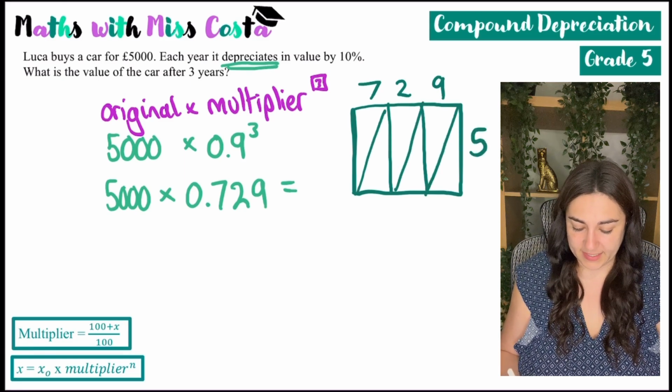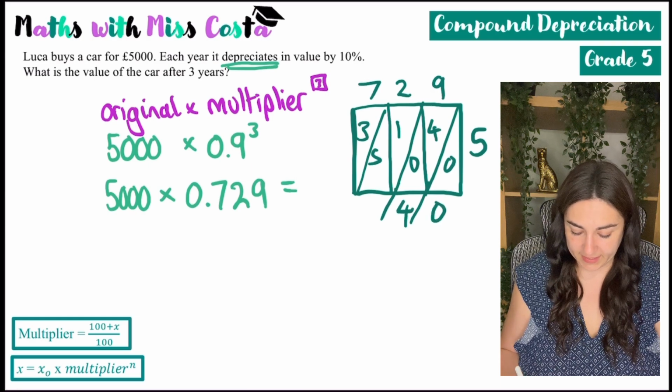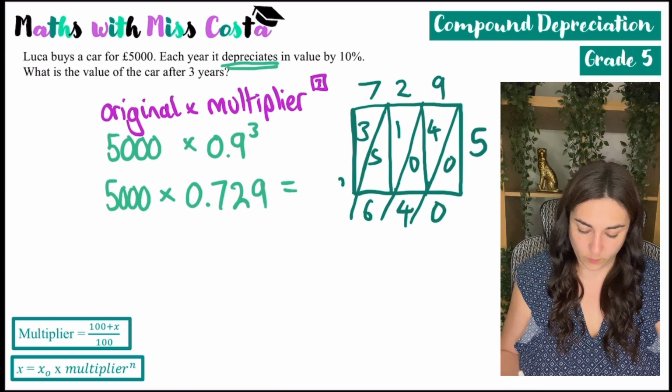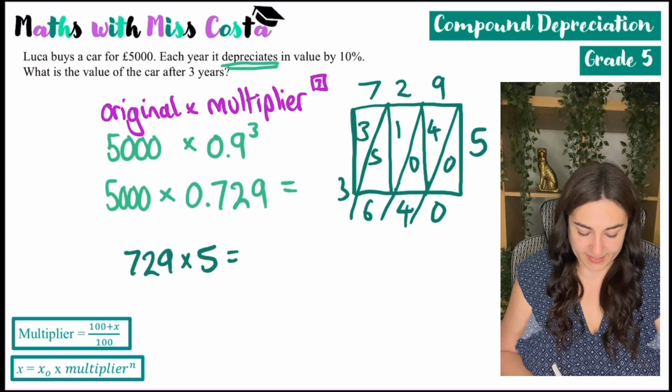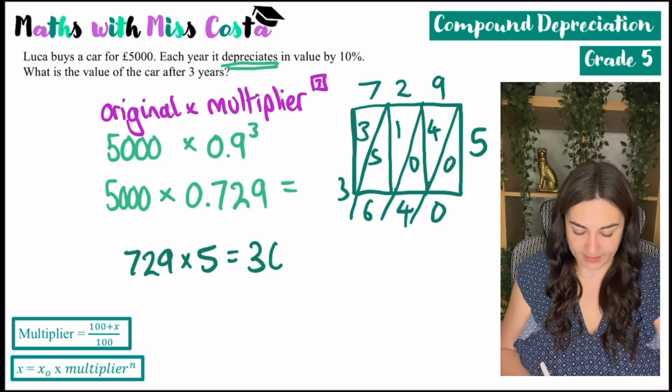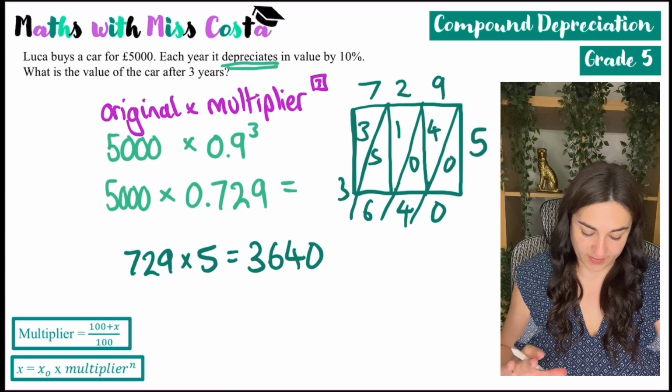So split it into 2. 9 times 5 is 45. 2 times 5 is 10. 7 times 5 is 35. So I know that that's going to be 5. 4 plus 0 is 4. 1 plus 5 is 6. So I know that 729 times by 5 is 3,645. So what have I actually done? Well, I've turned everything into a whole number.